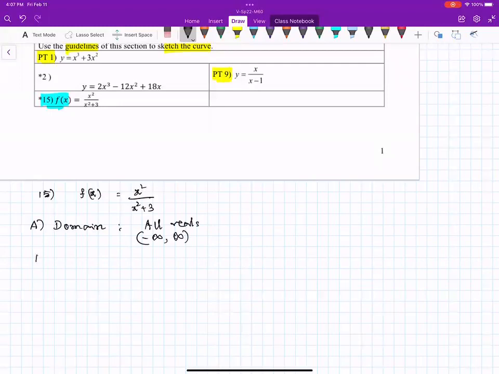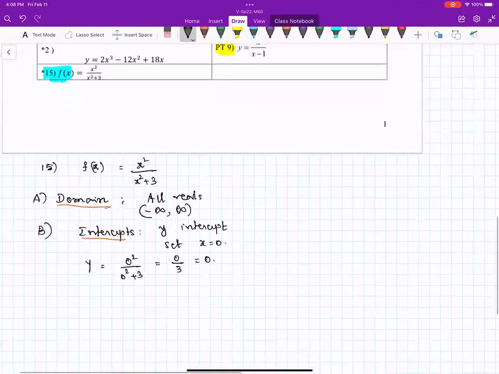Then we'll find the intercepts. Let's find the y-intercept first. For that, you set x equal to 0. So y equals 0 squared over 0 squared plus 3, which is 0 over 3, which equals 0.